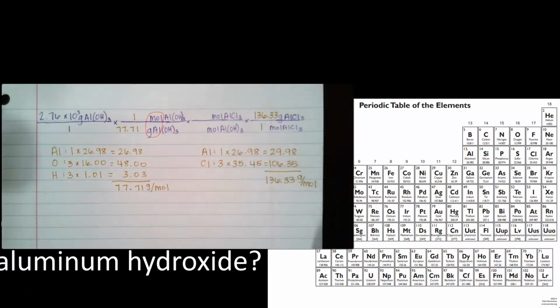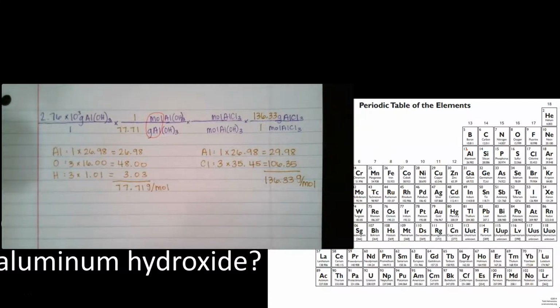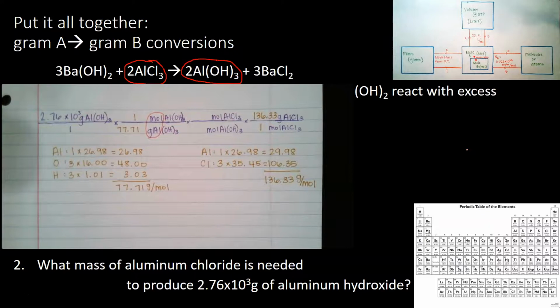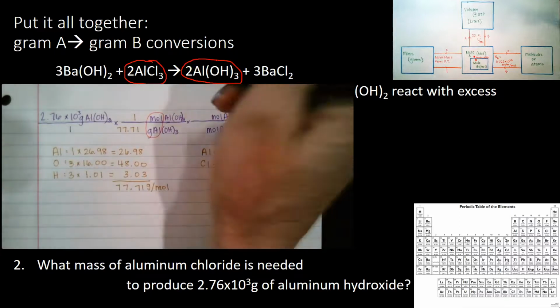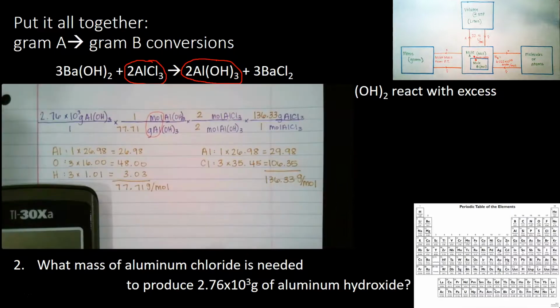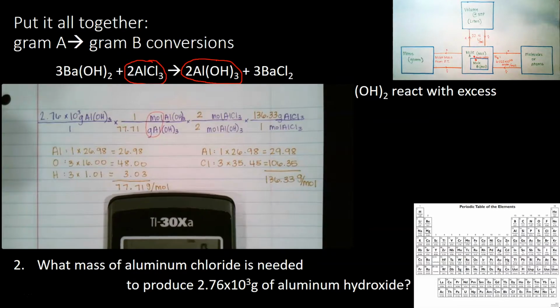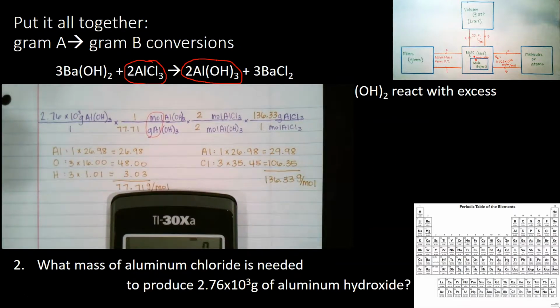And then last but not least, we check back on our initial problem and we find the coefficients from our balanced chemical equation, and we end up with 2 over 2. So now as we plug this into the calculator, I'm going to put in 2.76 times 10 to the 3rd, and once again my mole ratio is going to cancel here, so I don't need to plug those in.